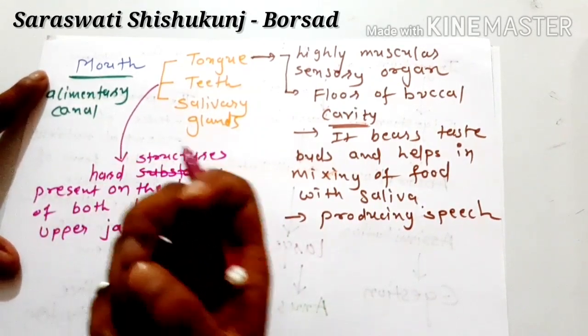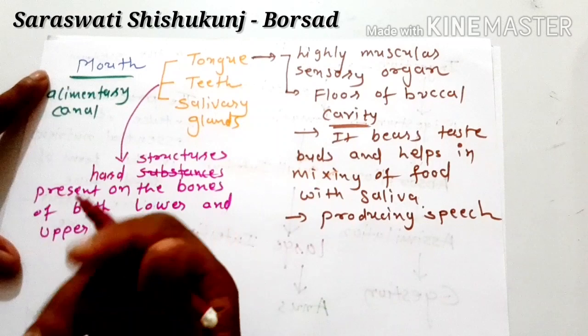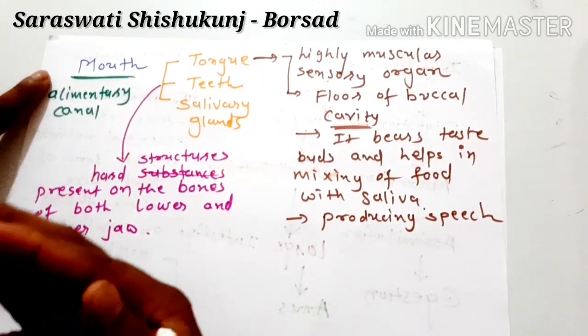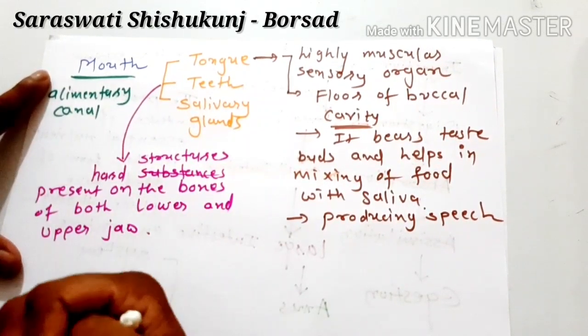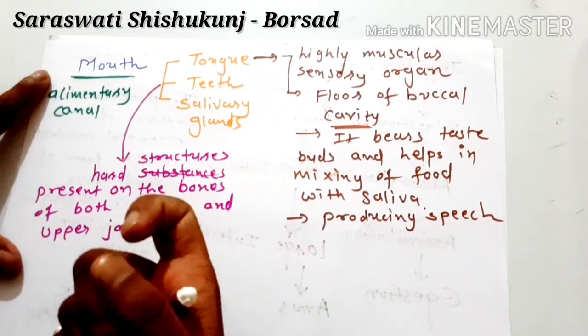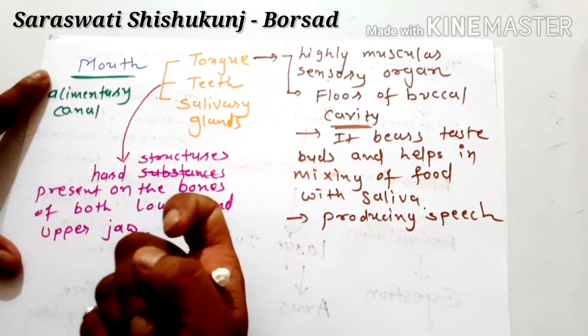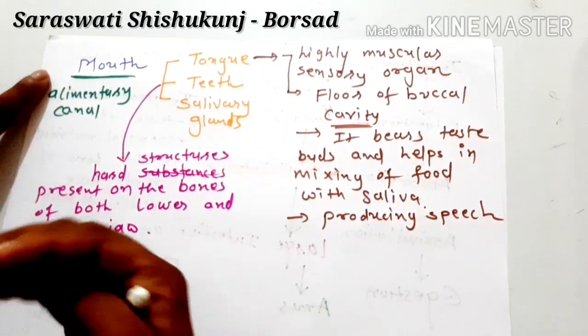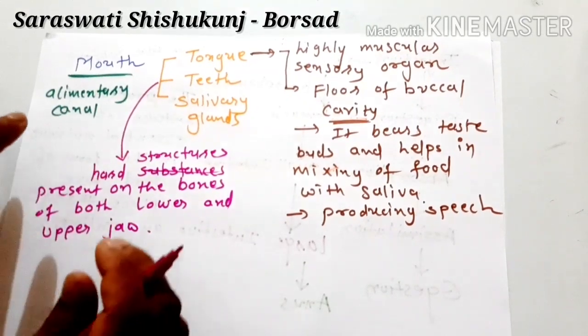When we look at the mouth, we see that on the upper side and the lower side of the mouth we have teeth, right? So it is a hard structure present on the bones of our upper jaw and our lower jaw.